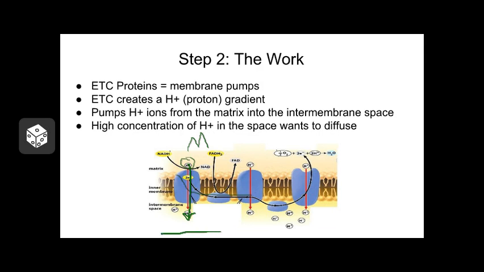Now remember that there's another membrane over here, that mitochondria have an inner and an outer membrane. So this space here is the inner membrane space, IMS. The hydrogens are getting pumped from the matrix into this little space. As this happens over and over again, a gradient of hydrogen begins to build up.